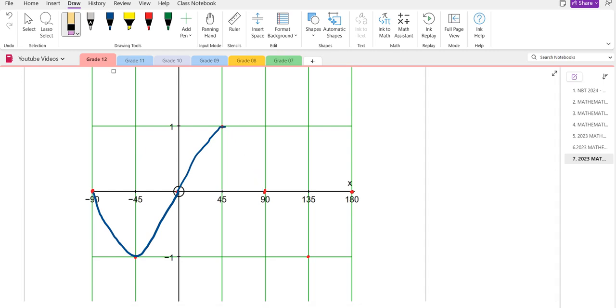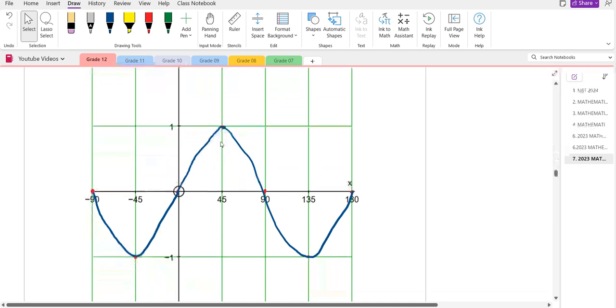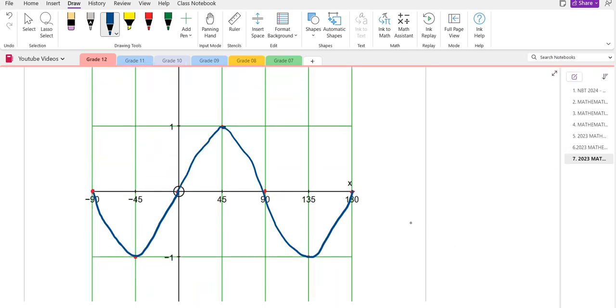So a sine 2x graph. Right, so I've got the sine 2x graph here. Label all intercepts with the axes, turning points and endpoints. So we have everything here, right? And this is the graph of f.